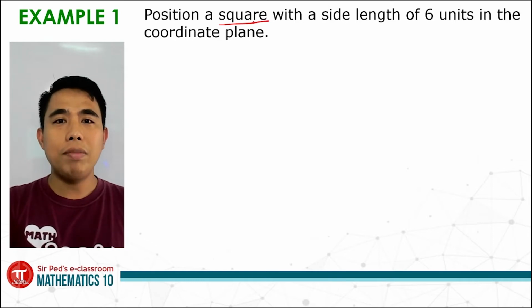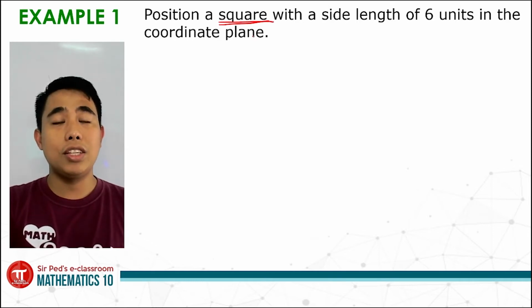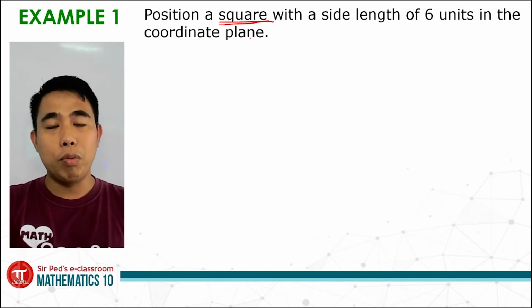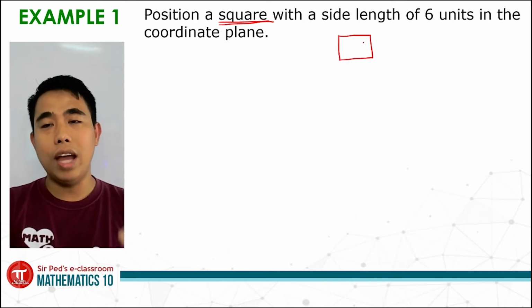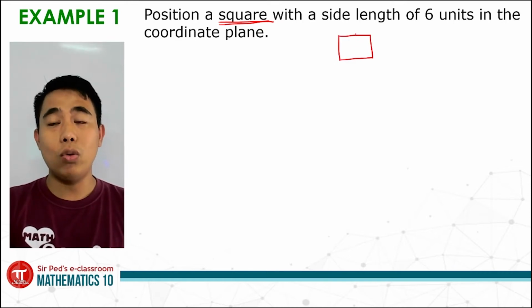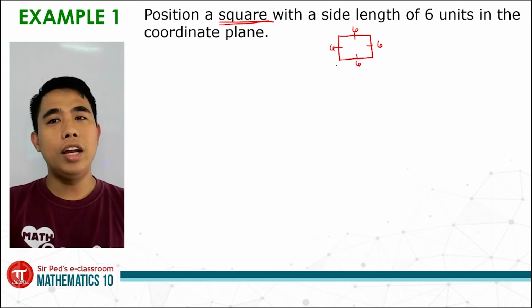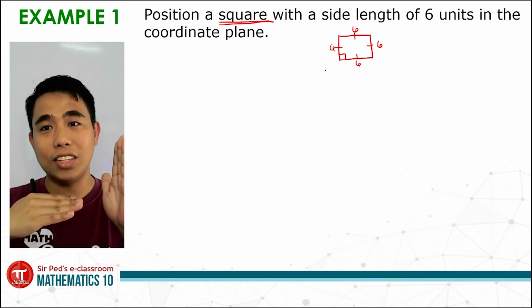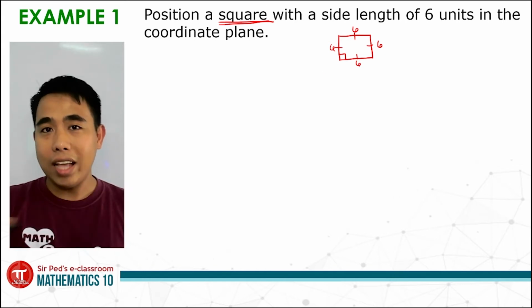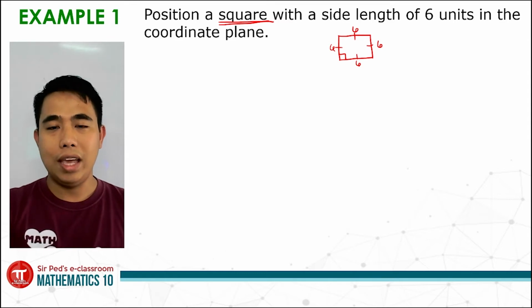We should know the properties of the square that we will position. Our square has all equal sides. Since its length is 6, all of its sides are 6. Another, it has right angles. So we can position two sides of our square along the x-axis and y-axis.